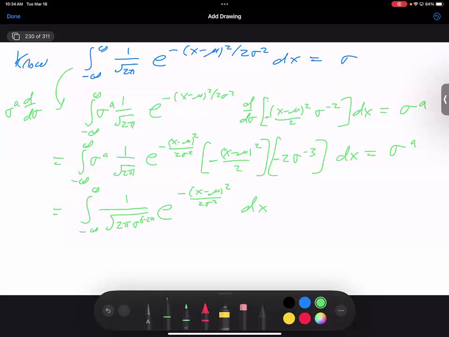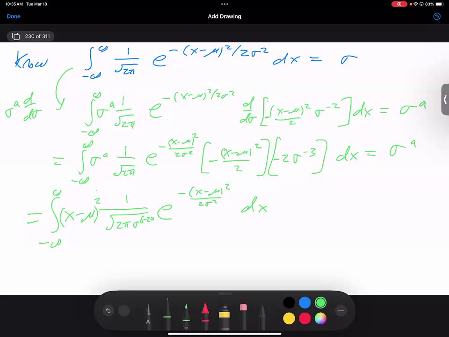Nope. 2. Why 2? Because that's sigma squared, and then this is the density. Oh, I dropped the x minus mu. Sorry. Integral from minus infinity to infinity. I still have the x minus mu squared.